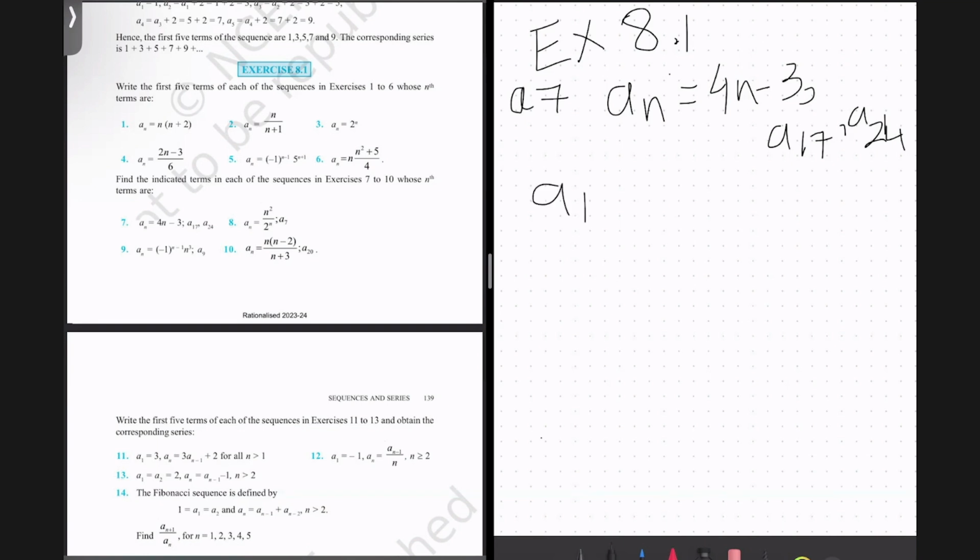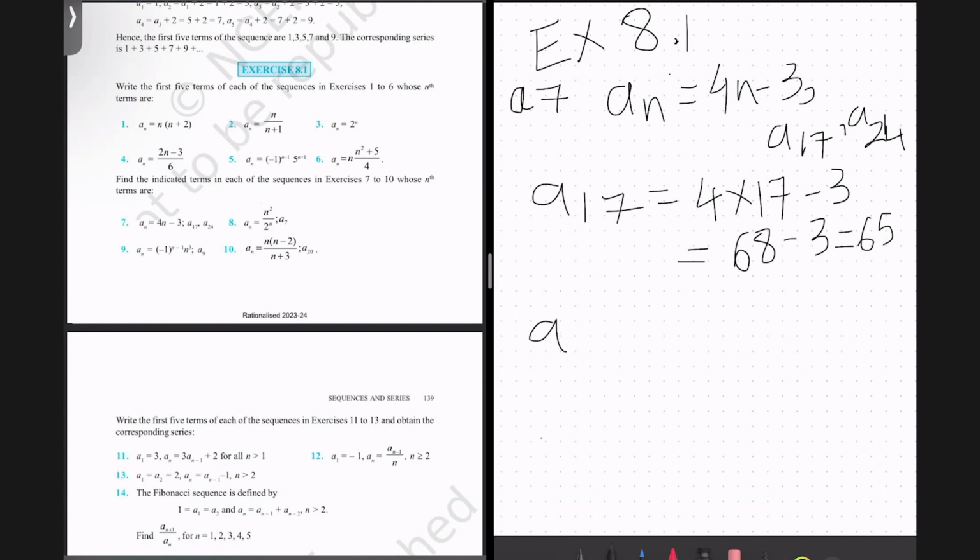So a of 17 would be nothing but me plugging in the value of 17 in this rule. So that is 4 into 17 minus 3. 4 into 17 is nothing but 68 minus 3, and that would be 65.